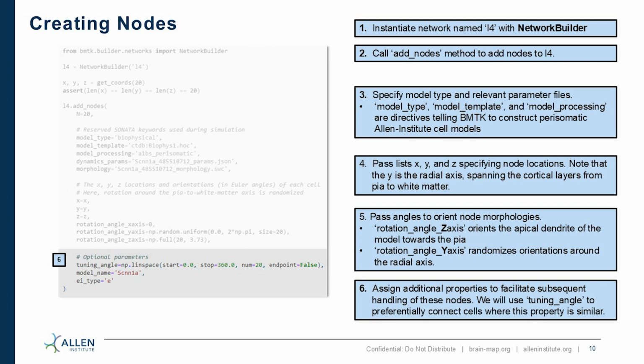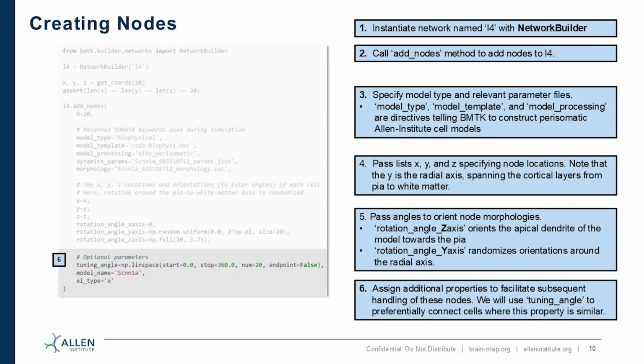So, okay, we do this for this particular cell model, and then again identically to this for the other two excitatory cells that we've downloaded from the cell types database, and again for the inhibitory cell.